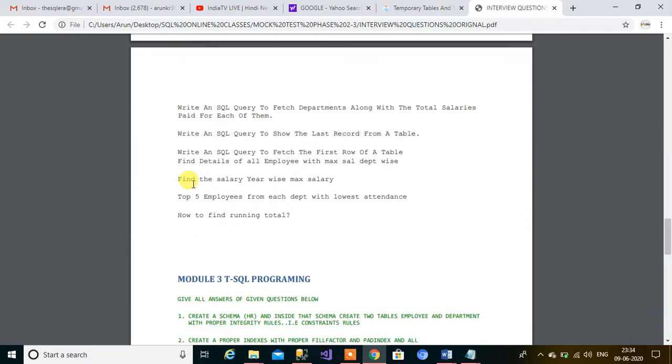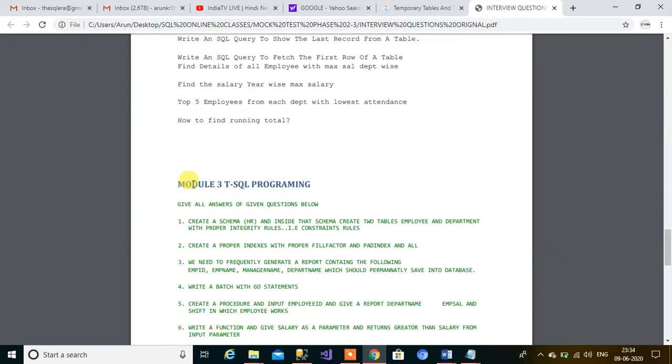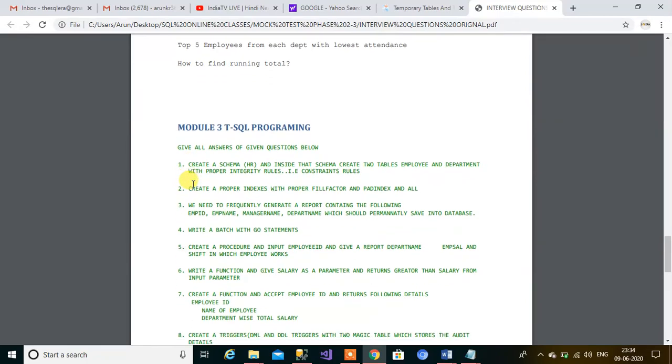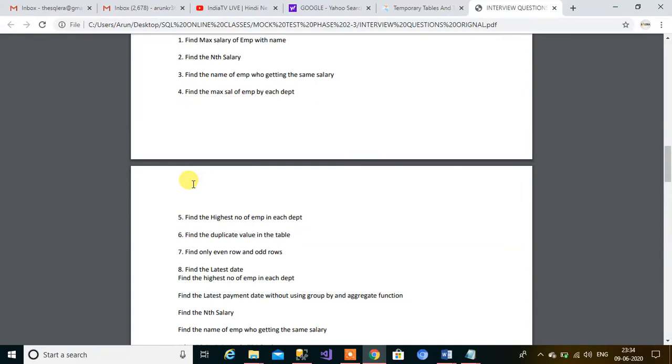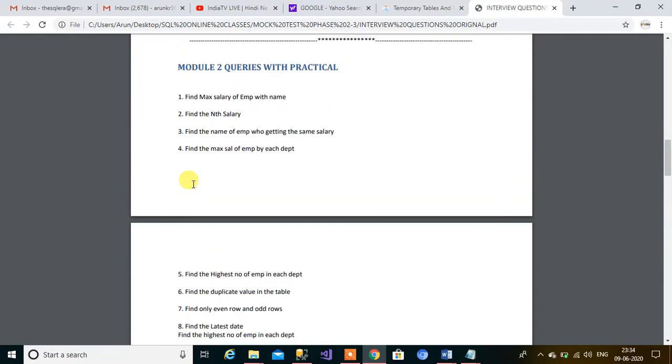The last part is the advanced part, so don't worry about it. Module 1 and Module 2 are for analytics and moderate levels. The advanced questions are for people with more than 2 to 3 years of experience, who can attend those interviews.